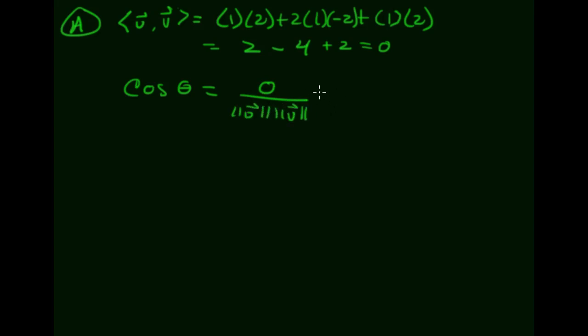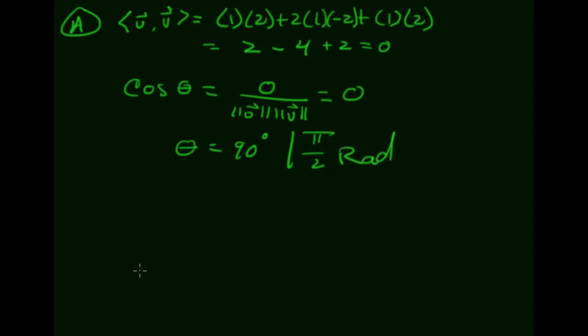Neither u nor v is the 0 vector, so this just comes out as 0, which means that theta is either 90 degrees or, in the other phrasing of things, it is pi over 2 radians.